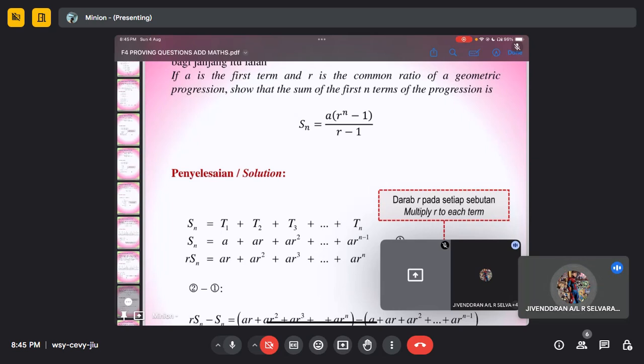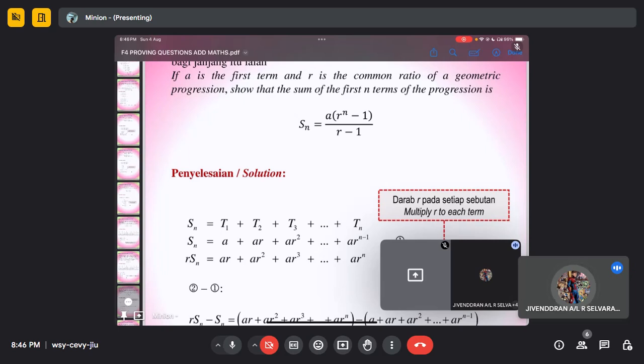First, the same thing, we list out, since you know Sn equals term 1 plus term 2 plus term 3 and so on until the last term, which is term n. But in this Sn, we don't write a plus d, a plus 2d, because this is geometric. So we'll write a plus ar plus ar power 2 plus until ar to the power of n minus 1.